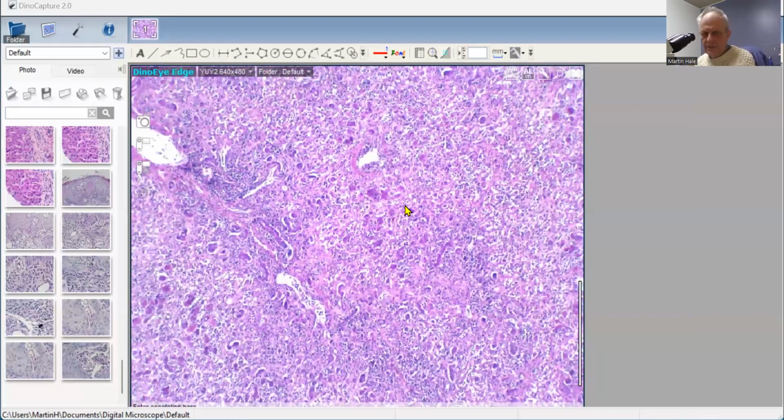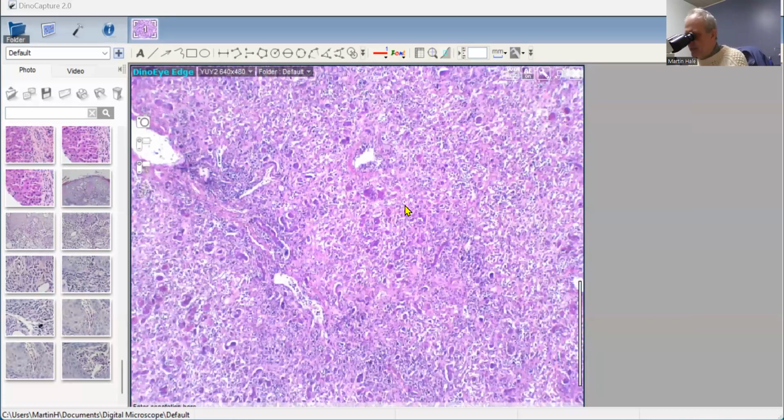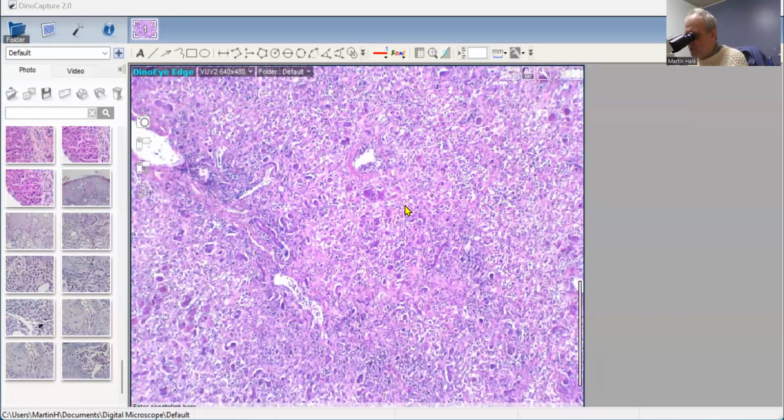She was admitted in acute liver failure, underwent transplantation a couple of weeks ago. And this is the histology of the explant. I thought I'd just share this with you because we don't often see it, probably 2 or 3 times a year, maybe less.